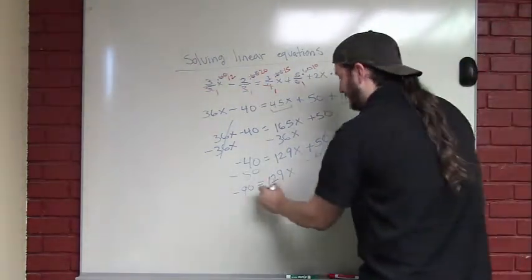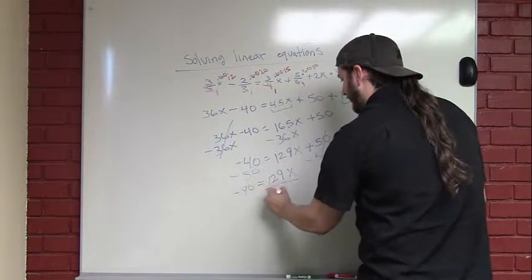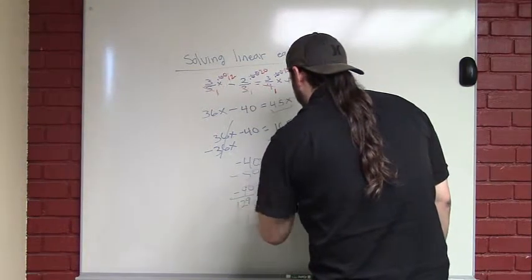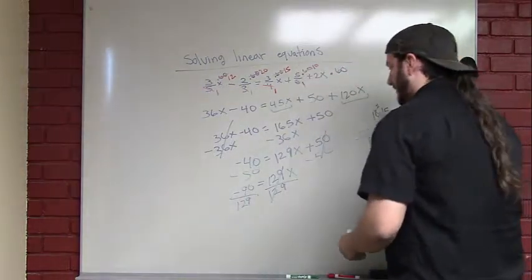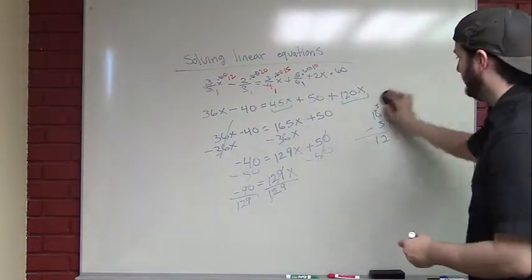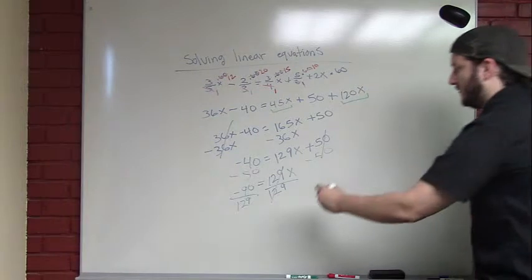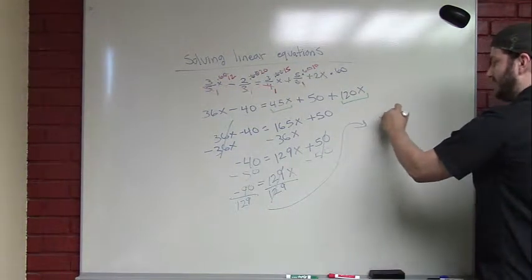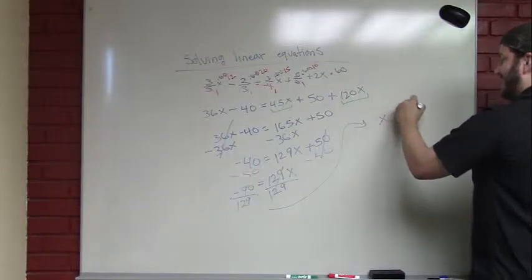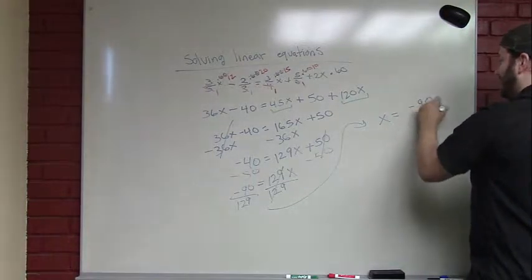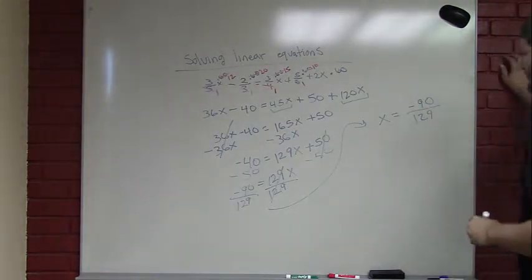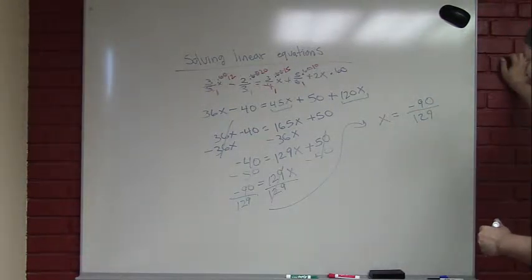So then you're just going to divide by 129, divide by 129 on both sides. Okay, so we're going to have, let me erase this here. We're going to come up here. We're going to have x is equal to negative 90 over 129, okay?